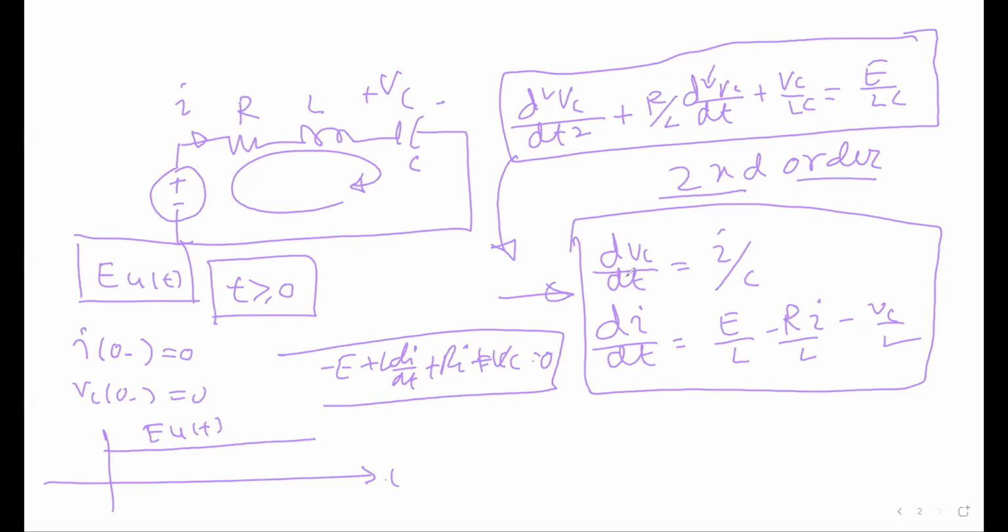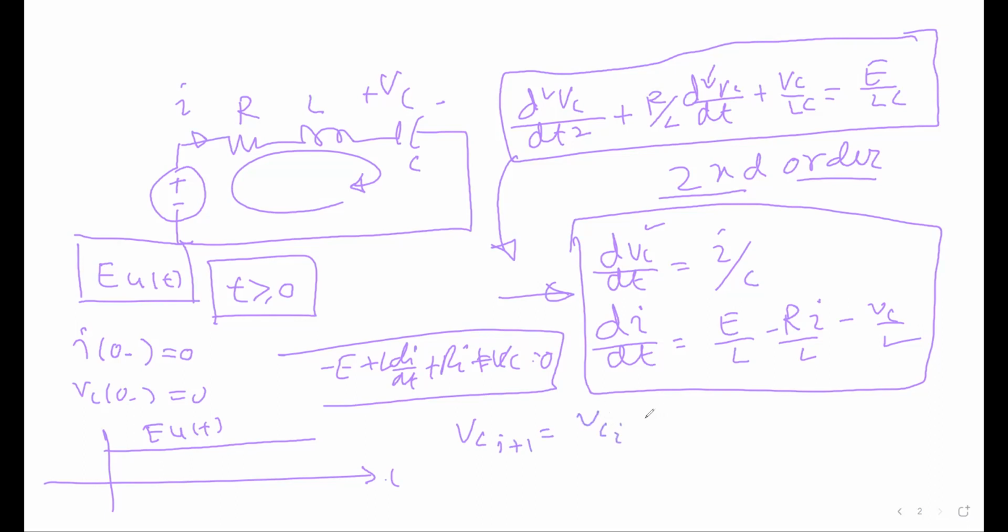For example, consider that we need to solve, first we start with solving for Vc. So the algorithm for solving Vc you can write in this way. Vc at i plus 1 would be equal to what?